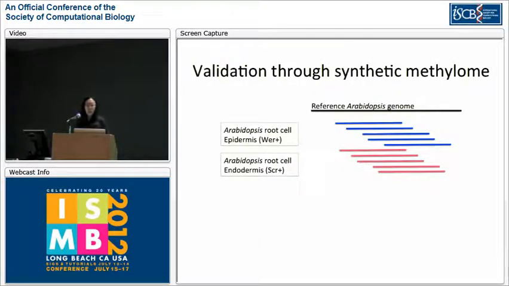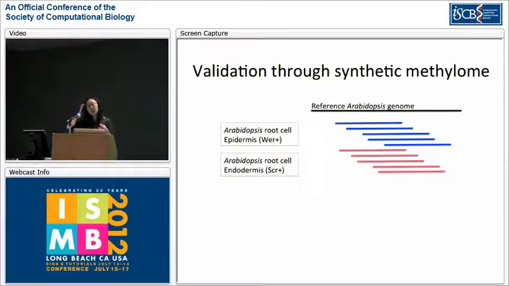So of course, we need to test our method. We also generate a lot of simulation data, but for validation, we also use a synthetic methylome because we think this resembles reality a lot closer than any simulation. What we have is two Arabidopsis root cell types.